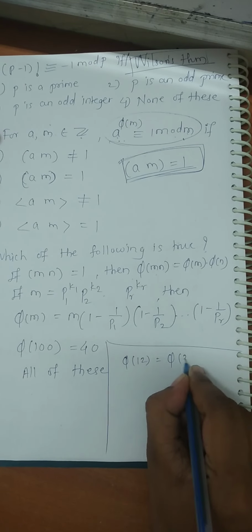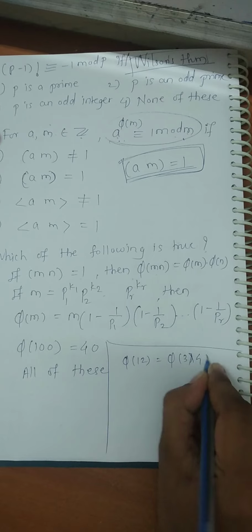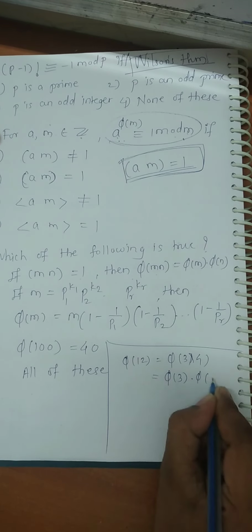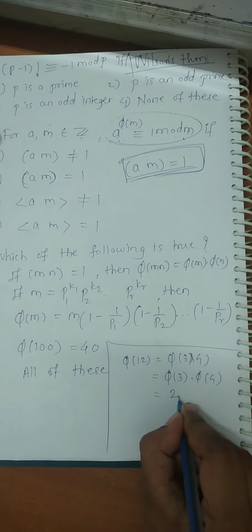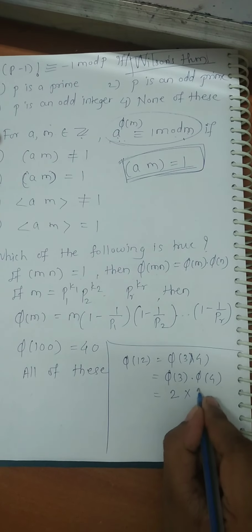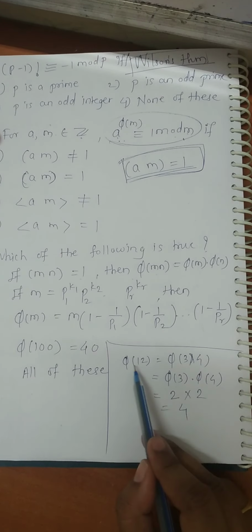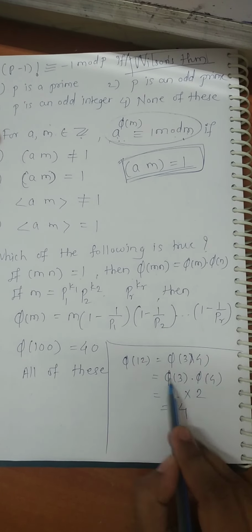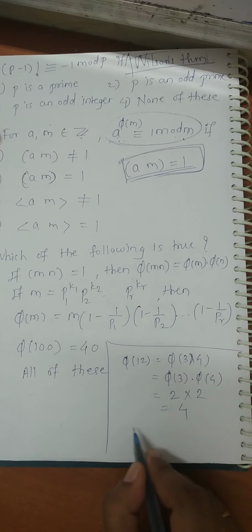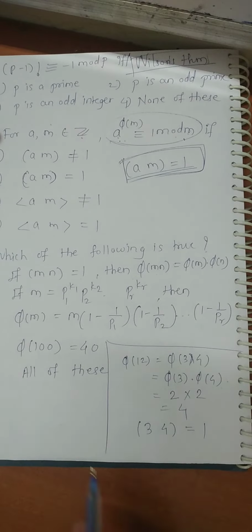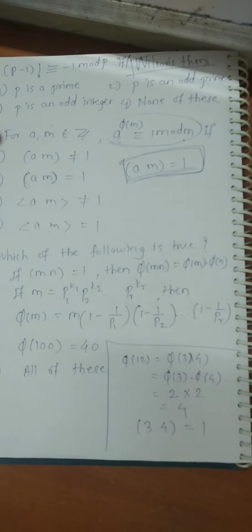We can write 12 as 3 into 4, so phi of 3 into phi of 4. What is phi of 3? 2. And phi of 4 is also 2. Understood? We write phi of 3 into phi of 4 because GCD of 3 and 4 is 1. So option 1 is the correct option.